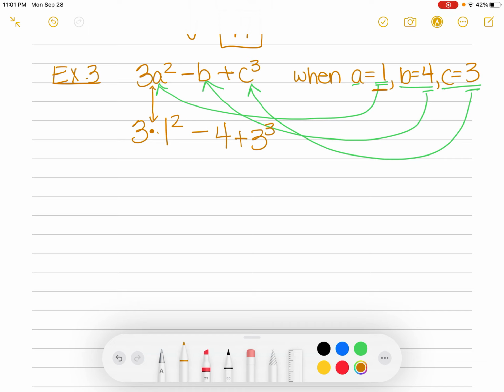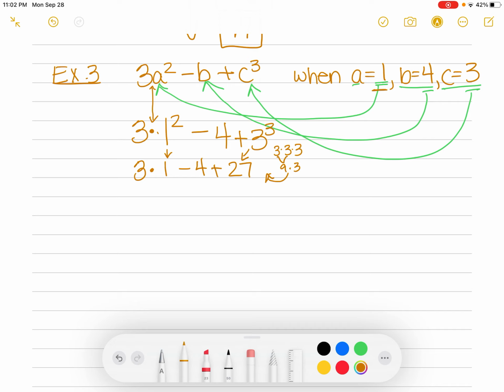So what am I supposed to do first in order of operations? I do exponents. So I'm going to solve each of my exponents. 1 squared is 1. And 3 cubed is 3 times 3 times 3, is 9 times 3, is 27. Okay, it's not 9. This is 9, and then I have another times 3. So that's why it's 27.